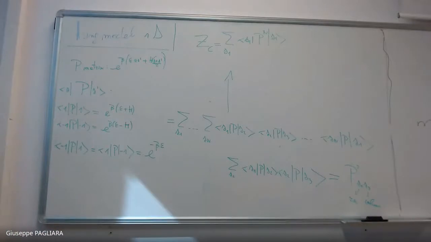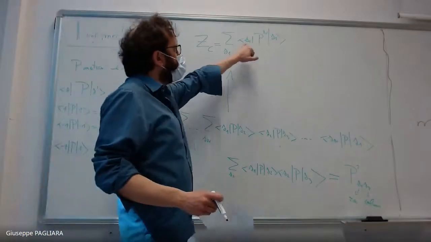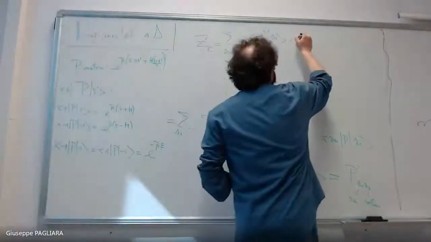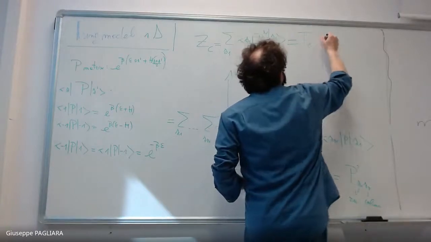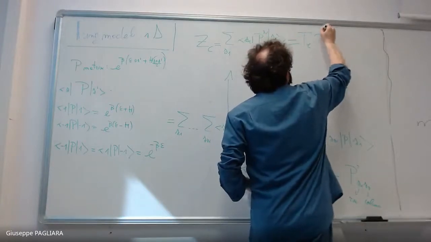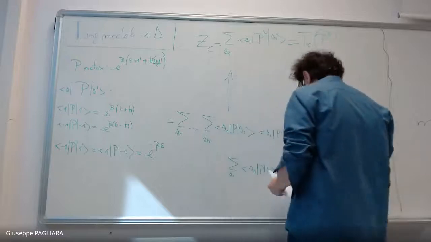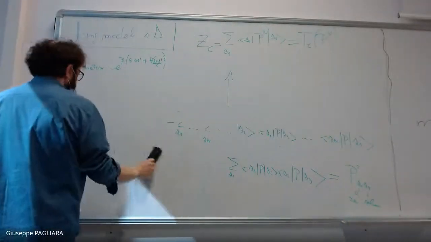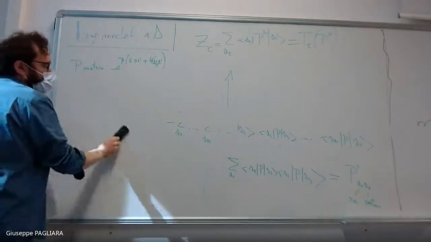Now, what is the sum of this matrix element? It's just the sum of the diagonal terms in this matrix. So it's just the trace of P^n. It's really magic.